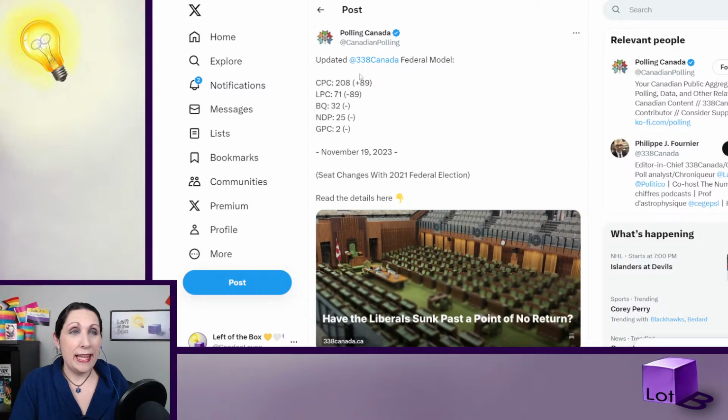Because you can see that here with another updated 388 Canada federal model. Let's see, the CPC. So if there was an election right now, they would win in a landslide, which is a scary thought. But they're up 89 seats, and the Liberals are down 89 seats.